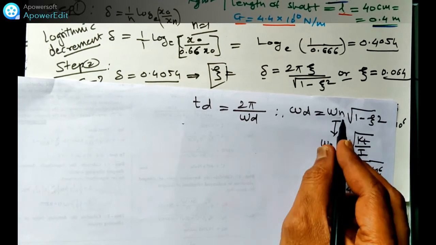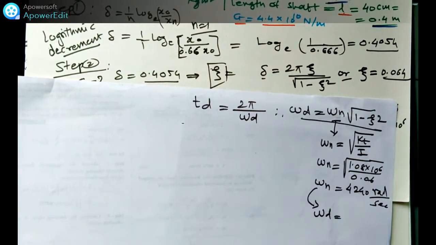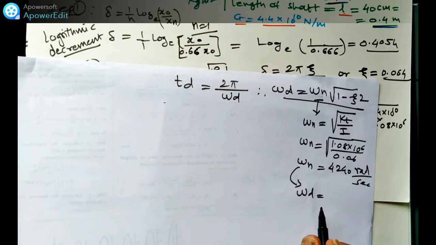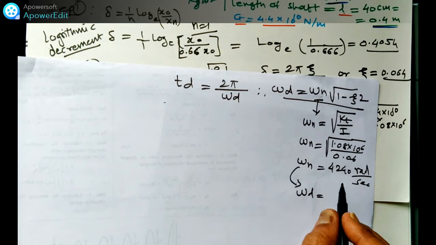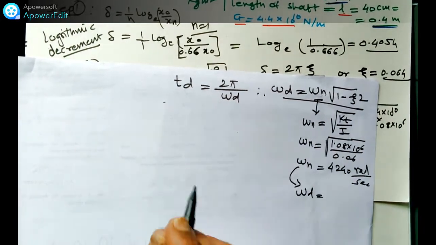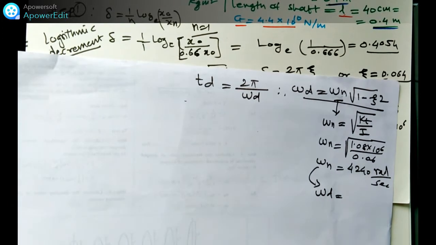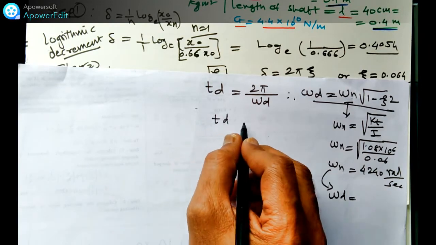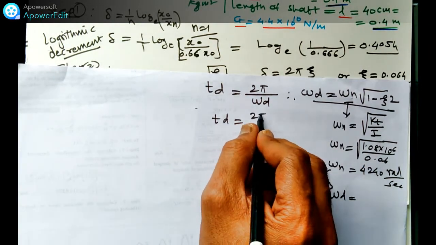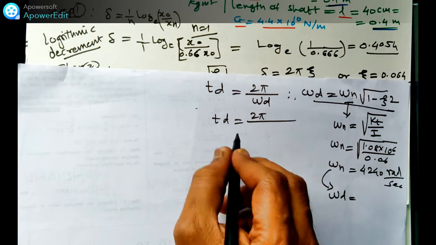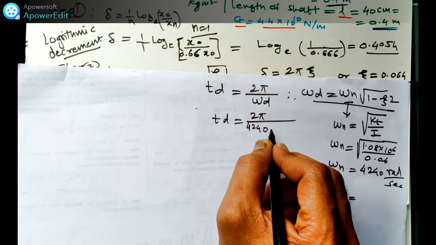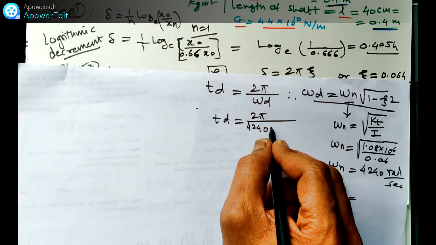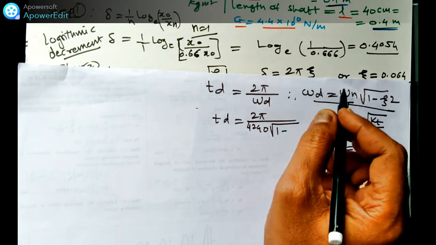From this omega n we can find out omega d by using this formula. So putting this value, we can find omega d, or directly put this value here. TD is 2 pi by omega n into square root of 1 minus zeta squared, with omega n 4240.